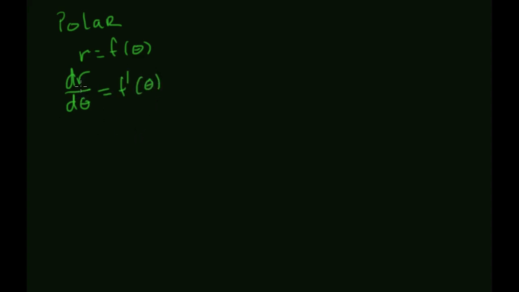Okay, so what is this? This is the change in radius with respect to the rotational measure. So if I rotate 1 radian counterclockwise, what is changing as far as the radius going in and out from the origin?